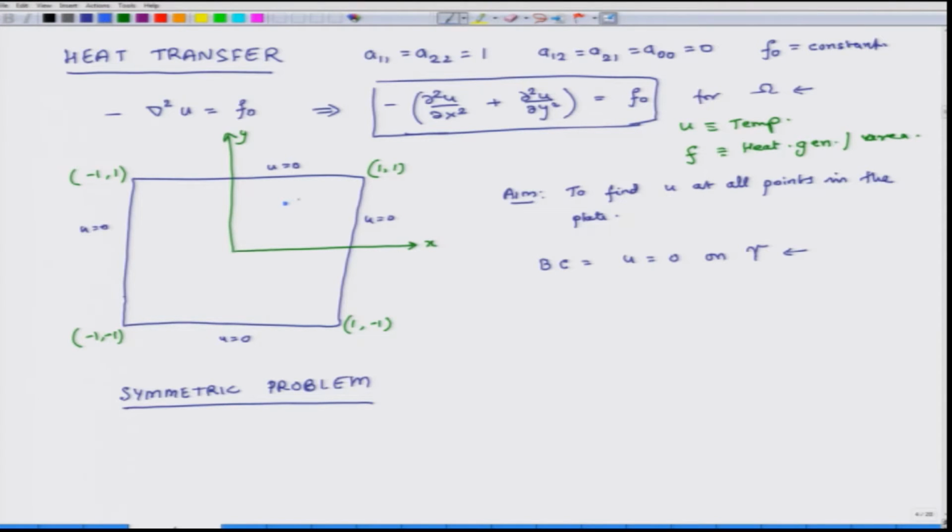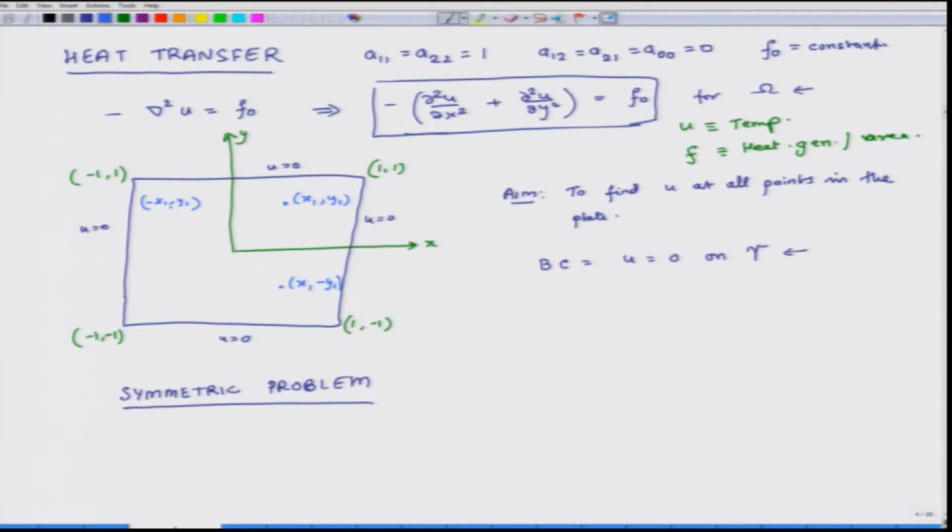If I have any point, let us say x1, y1, then the solution at x1, minus y1 will be the same. If that is the case, then there is symmetry across the x axis. If the solution is also the same at minus x1, y1, then there is symmetry across the y axis.